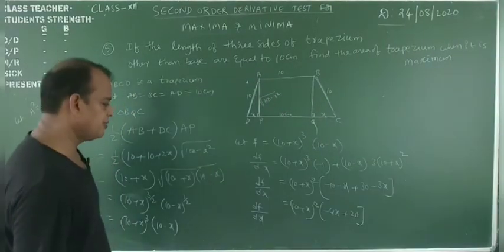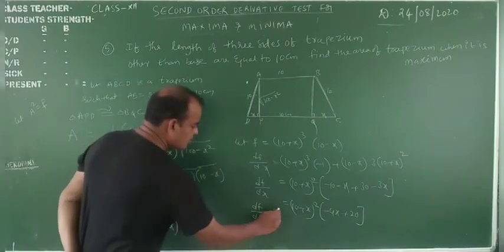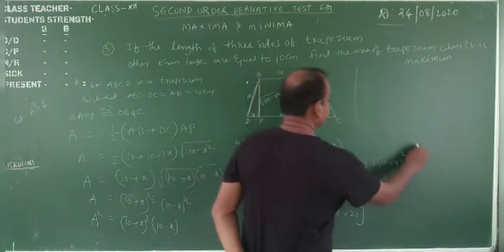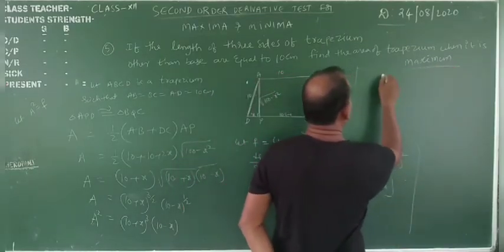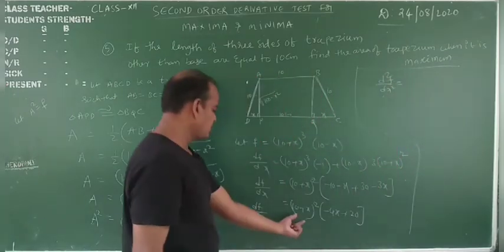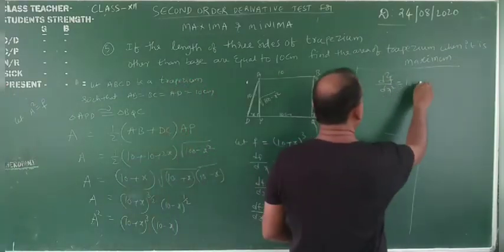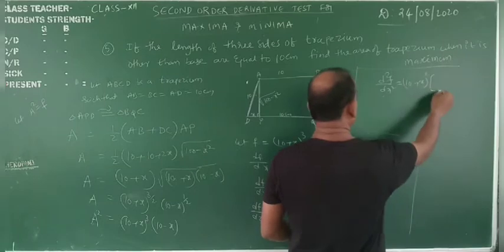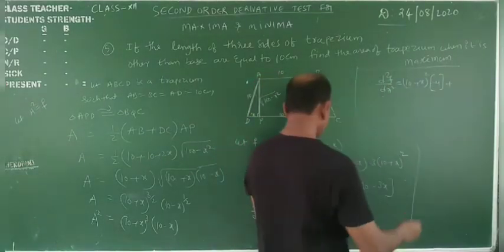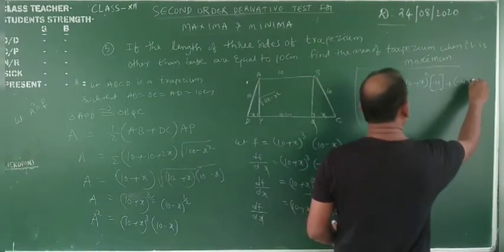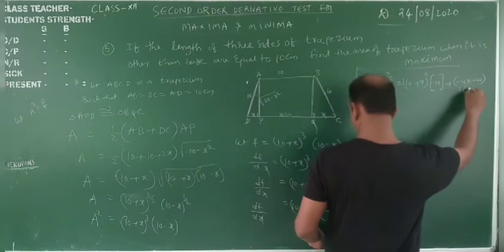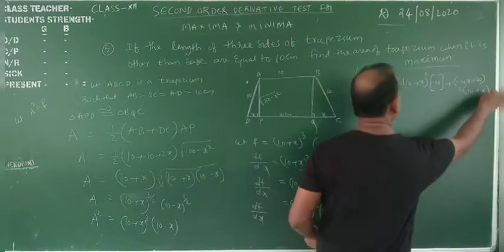This is df by dx, minus 4x plus 20. Now second order derivative, d square f by dx square. Again second order derivative means UV method. First this one, 10 plus x whole square, into here derivative is minus 4 only, plus minus 4x plus 20 into the derivative of 10 plus x whole square, which means 2 into 10 plus x.